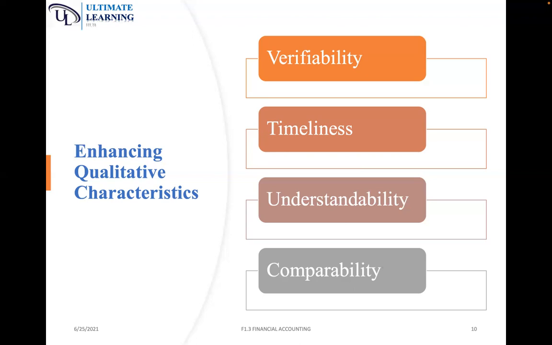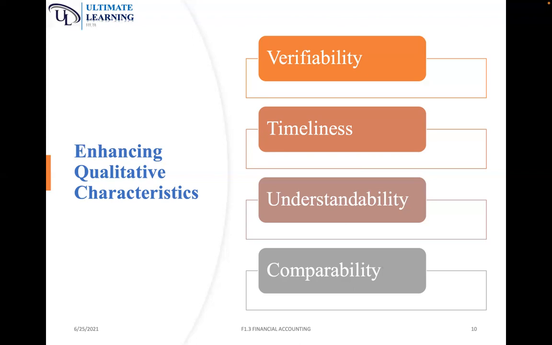And finally, comparability. When we talk of comparability in this case, an economic decision such as buying shares of a company involves a choice amongst alternative investments. The essence of an economic decision is a choice among possible courses of action. So when presenting information, you must ensure that we can compare one year to the other.